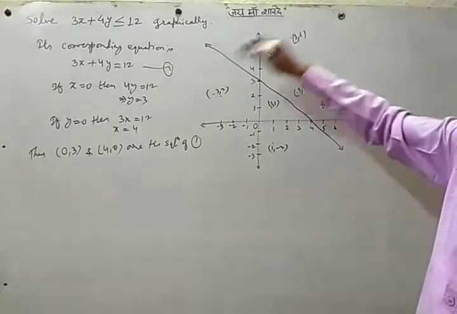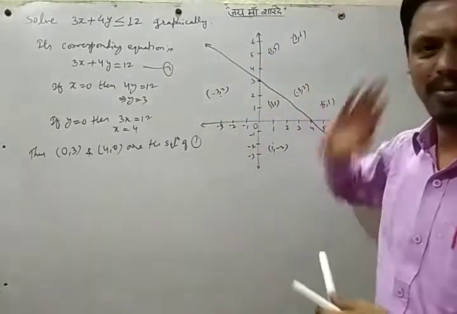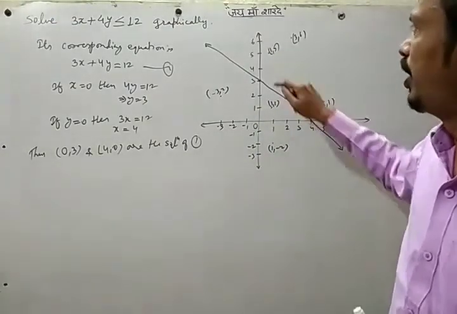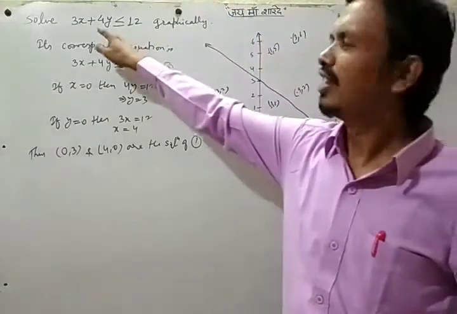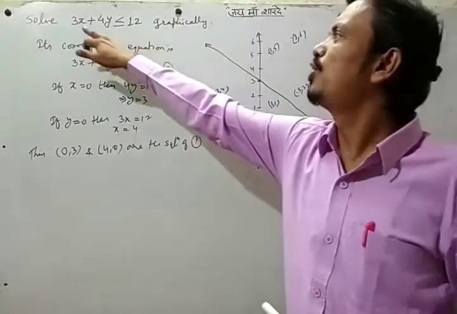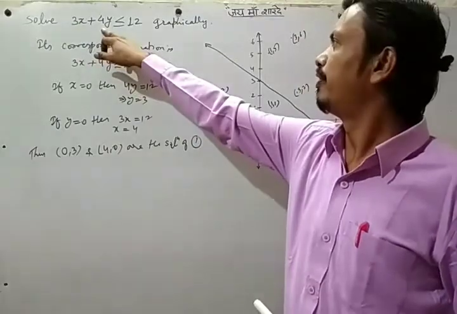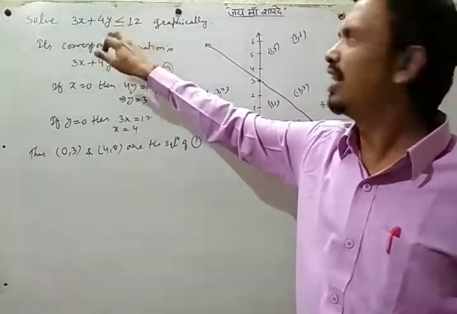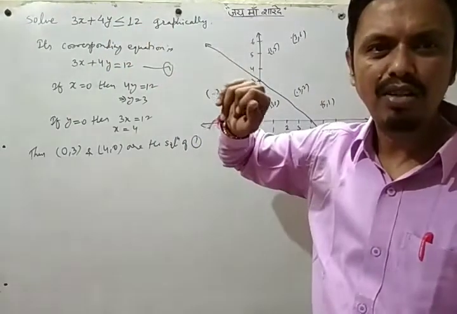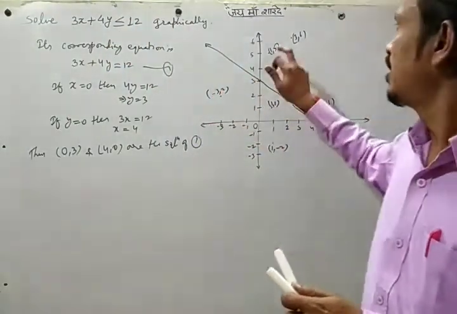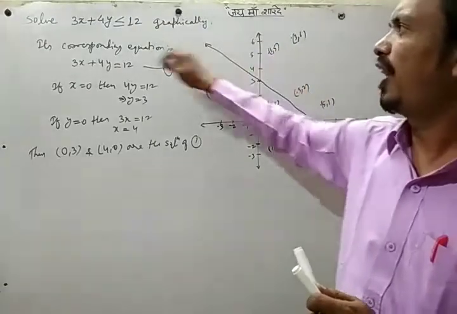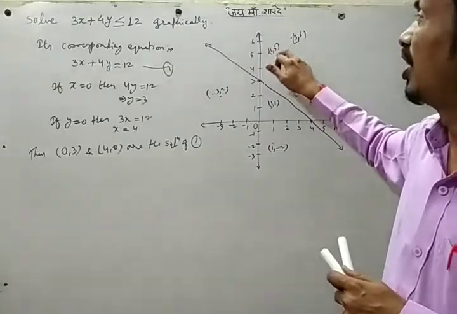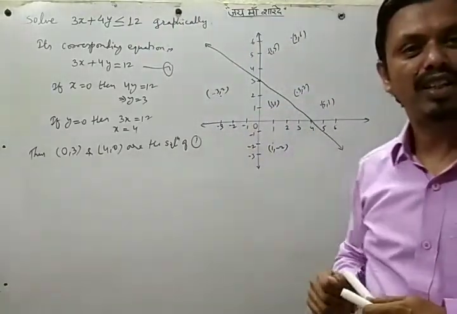Any one point we can take from either plane. Suppose we take the point (1, 5) and put it in the inequation: 3 into 1 is 3, plus 4 into 5 is 20, 20 plus 3 is 23. Is 23 less than 12? No. It means this point does not satisfy the inequation, so it is not a solution of this inequality.